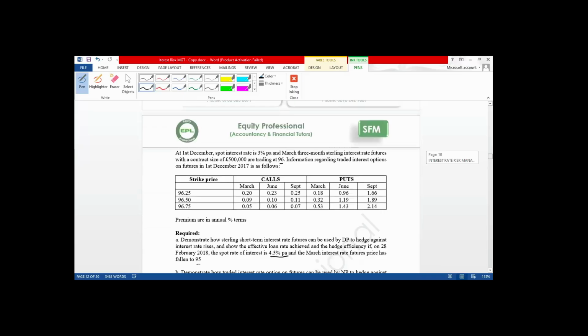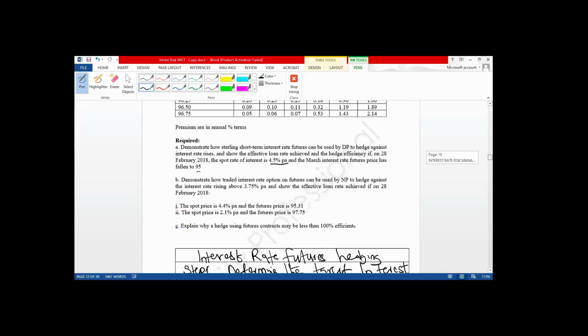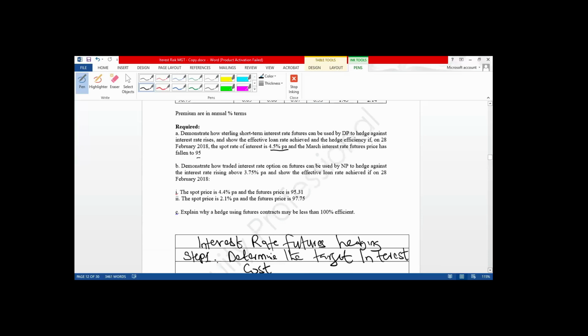From figure 2, the spot price is 2.1% and futures price is 97.75.